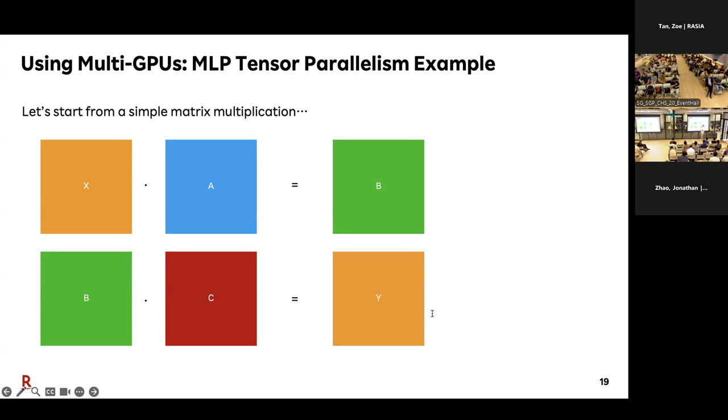Once we input X, it multiplies with the model parameter A, and we get the intermediate result B, and B multiplied with C gives the final result Y. So this all happens in one device. And imagine if we can split some of the tensors, or just consider matrices, and split them into two devices.